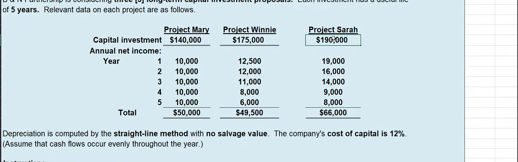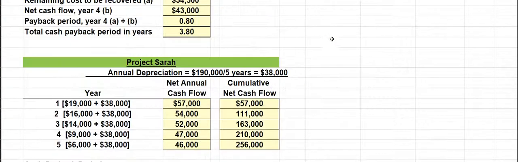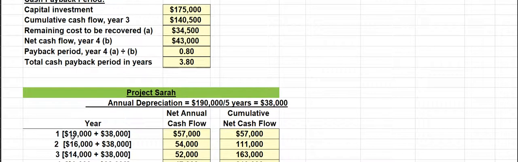So we take the initial value of 190 minus the salvage value of 0, divide by the useful life of 5 years, and that works out to $38,000 per year. So we take the net income for year 1, add back the depreciation that was taken out for that year, and the cash flow is now $57,000.